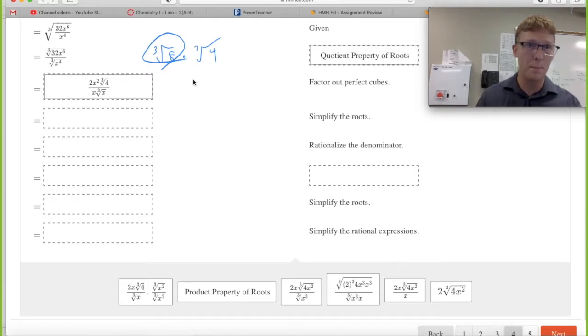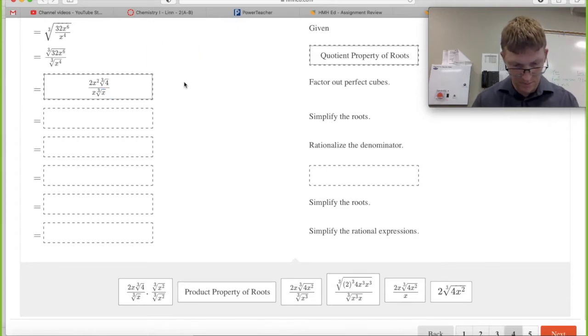And then on the bottom, they pulled out an x cubed, which turned into an x, which left that one x cubed there. Okay, cool. So we factored out some perfect cubes.